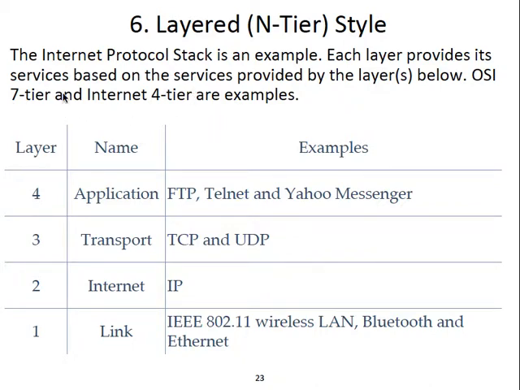It did not go to 7 tiers, but has 4 tiers instead, which maps quite nicely to Ethernet or Bluetooth or Wi-Fi, and then there's the IP level, and above it there's TCP and UDP, and above that are the more application-like protocols such as FTP, Telnet, Messenger, and so on. So we can have 4 tiers, 5 tiers if necessary.